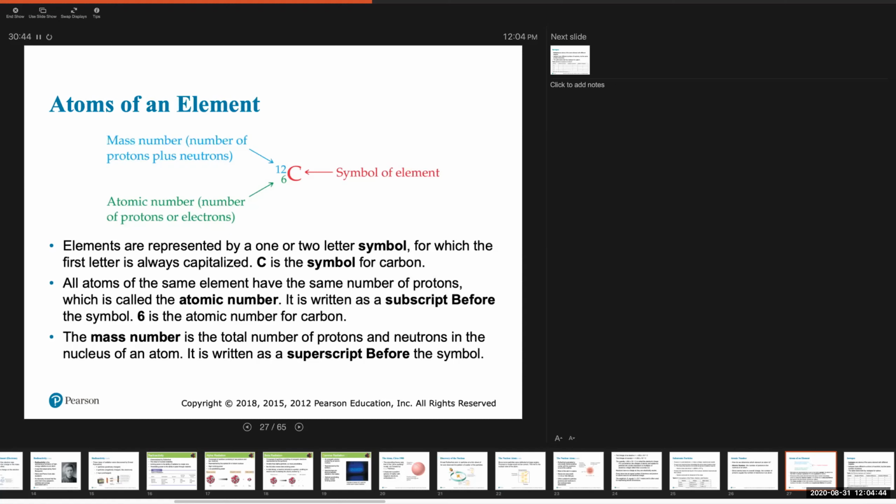So if that's 12, and the atomic number, which is the number of protons, is 6, then as you said, 12 minus 6 gives us the number of neutrons. So from this little symbol with the 2 numbers on it, we know what element it is, how many protons, how many neutrons, and how many electrons. A lot of information from a little thing that we've drawn here.